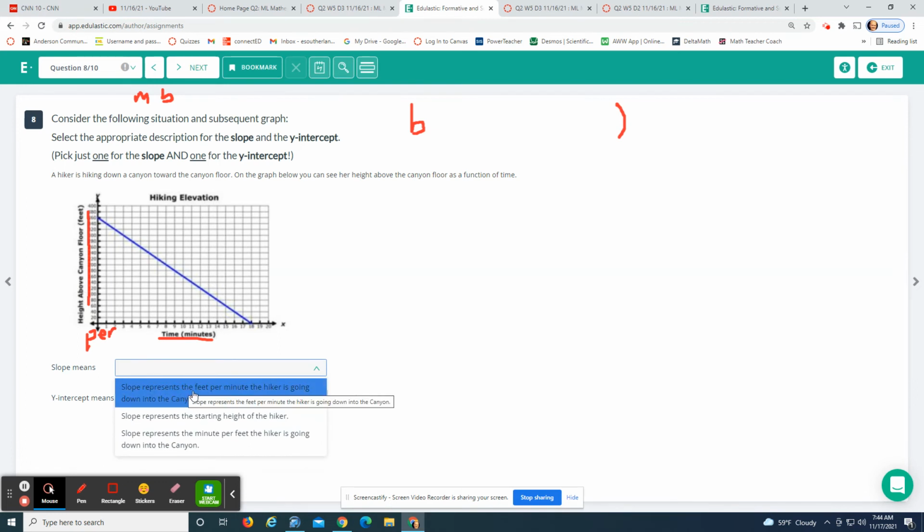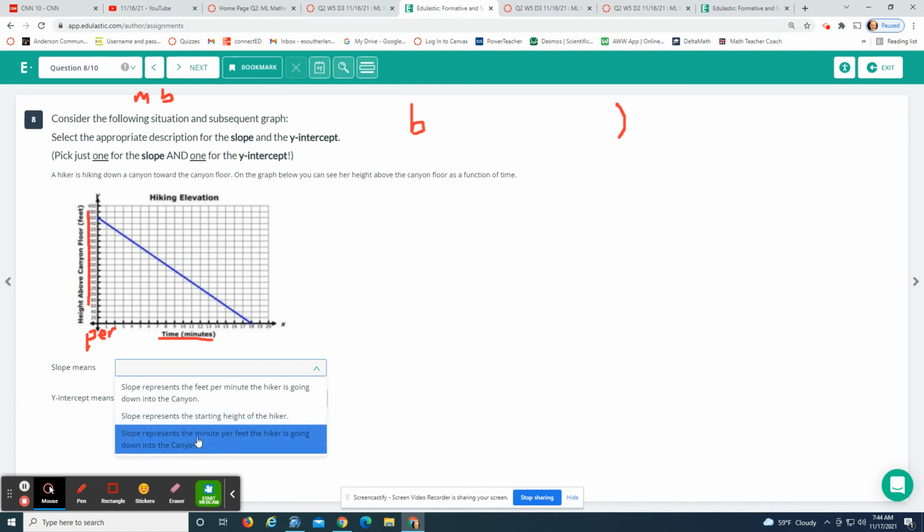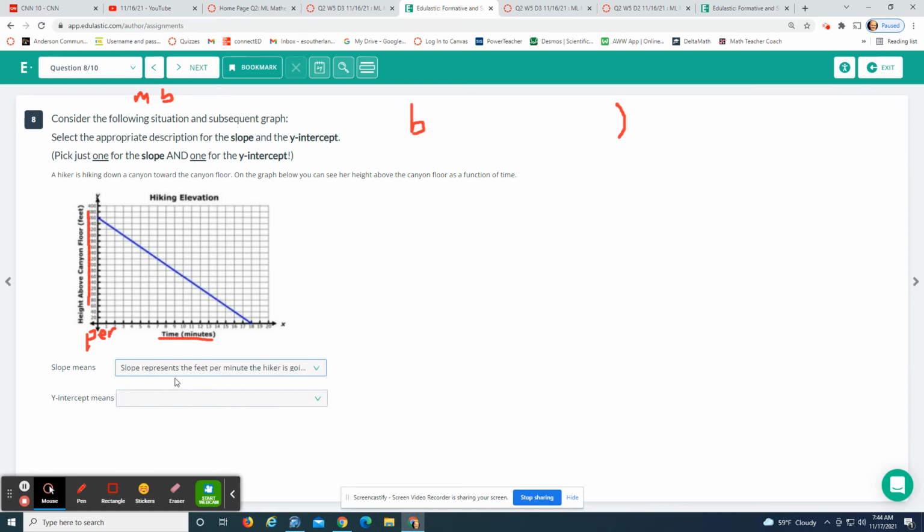Slope represents feet per minute. No, that's backwards. Slope represents the starting. No. Slope represents the minute per feet. It's the top one. So slope represents the feet per minute. So if we look, it's feet here, minutes here, feet per minute.